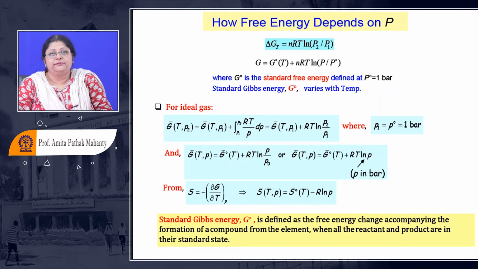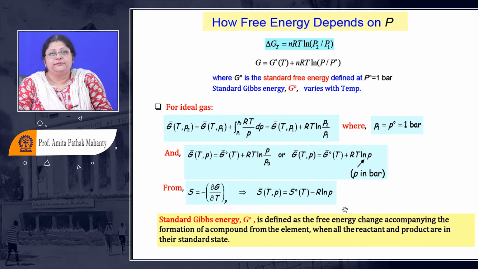So we have to make a compromise and understand that this is coming from this expression. Not coming, actually, you can simplify to get this expression. This is dG by dT at constant pressure. So dG by dT at constant pressure will be determined by the expressions of entropy and R ln P.